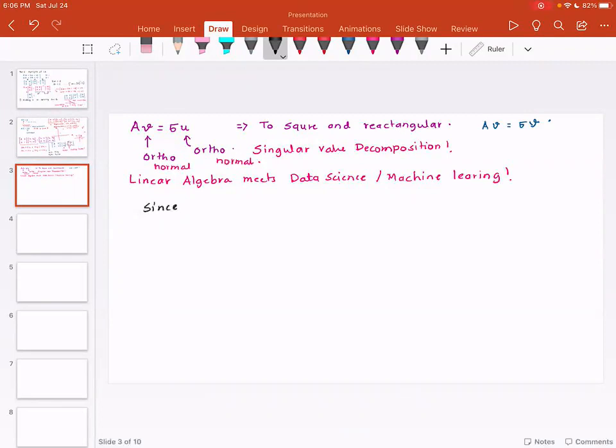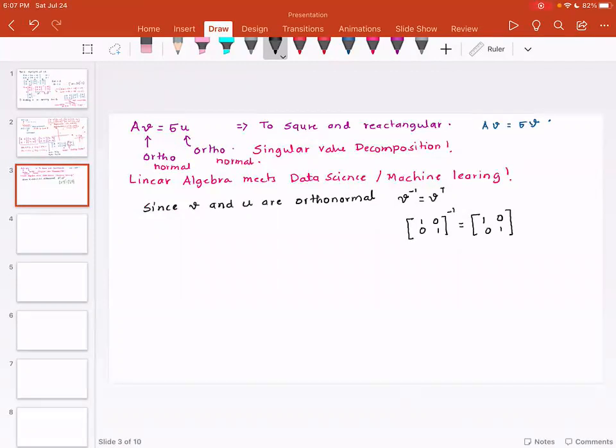So this problem can be written as V transpose. Since V and U are orthonormal, V inverse is equal to V transpose. A simple example is 1, 0, 0, 1. If you were to invert this matrix, the inverse of this matrix is again 1, 0, 0, 1.